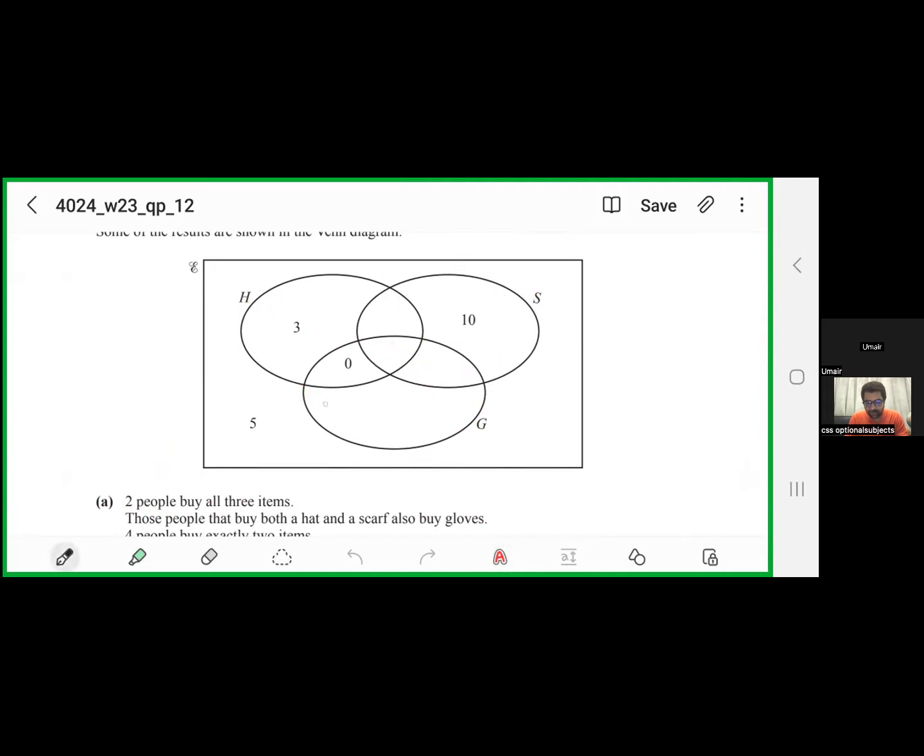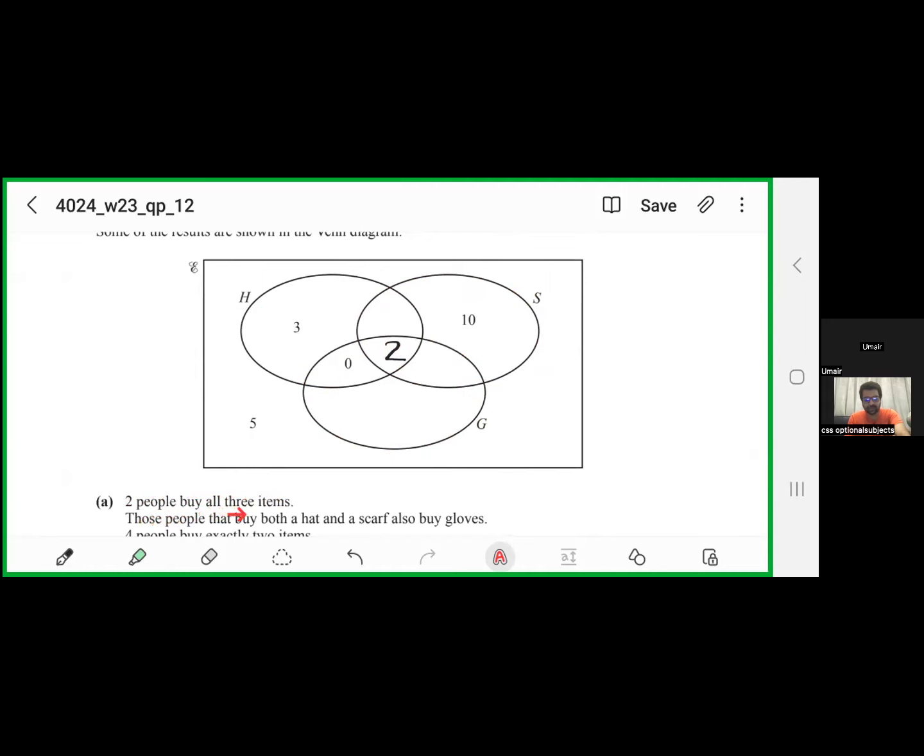So these two people will be placed here. You can see that this two is in the circle of hats, in the circle of scarves, and also included in gloves. So these two people buy all three items.